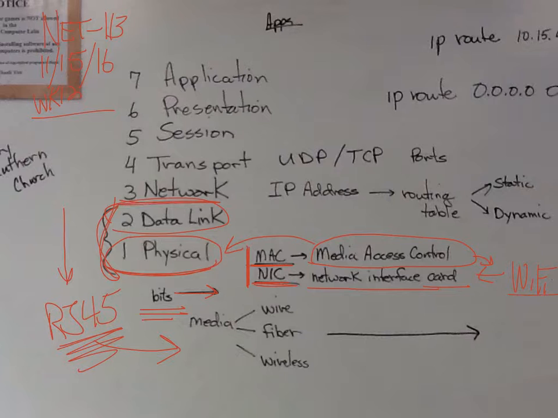Then we moved into what we're really working on now, the network layer. We talked about IP address in a routing table. It could be put in statically, or it could be there dynamically. Okay? And I didn't really mention this earlier, it could be directly connected also.